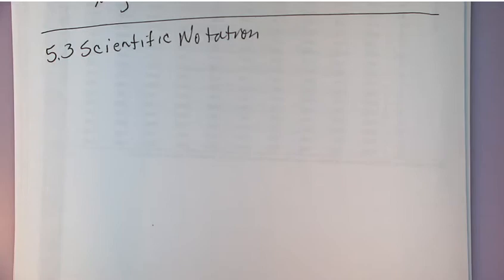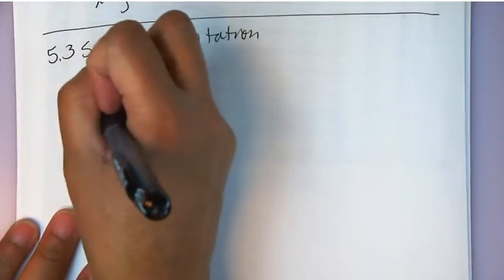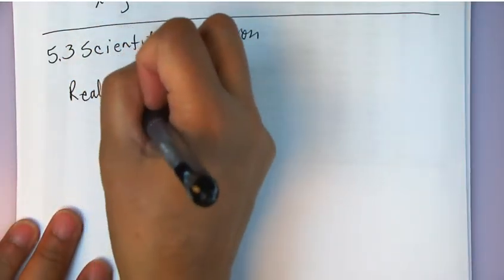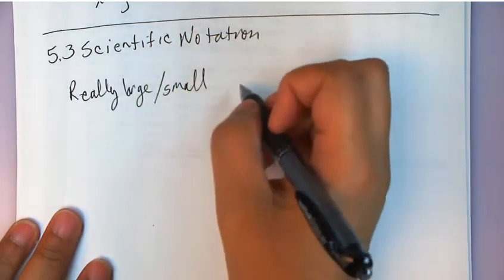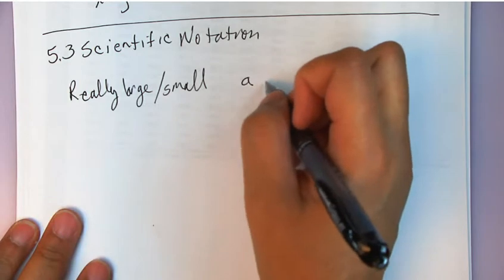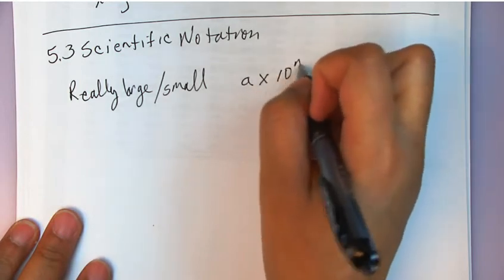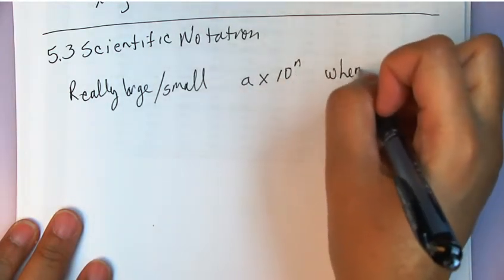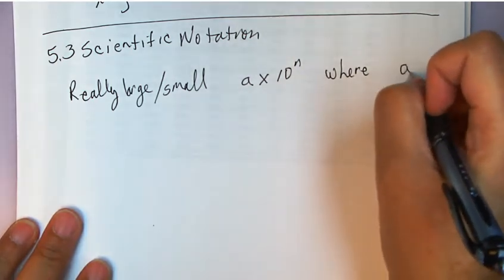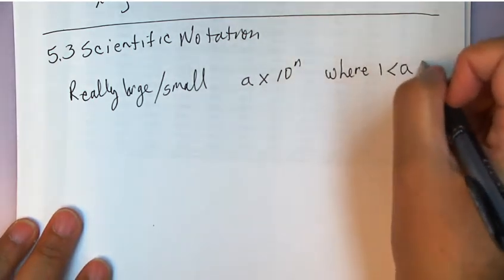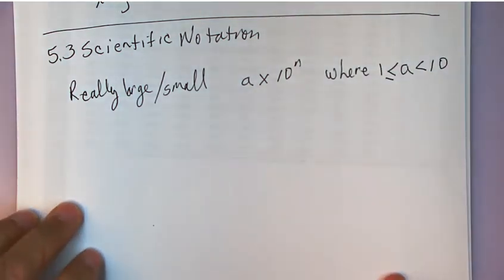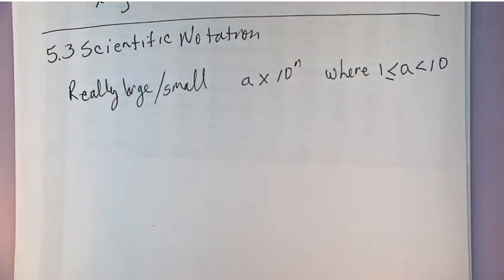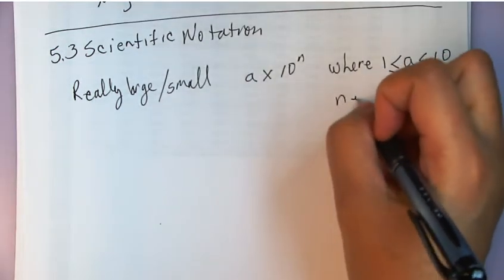Essentially, scientific notation enables us to change really large numbers or really small numbers to a form of a times 10 to the n, where a is a real number greater than or equal to 1 but less than 10, so it's any number between 1 and 10, and n is any integer.